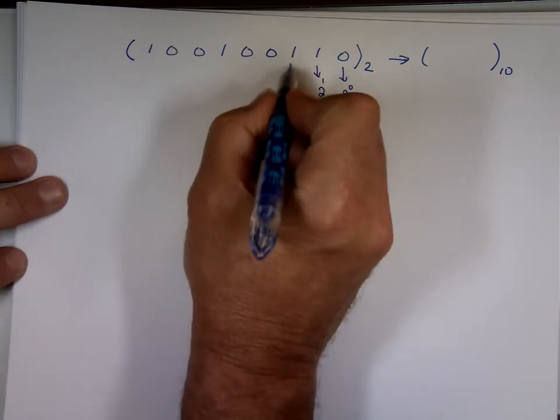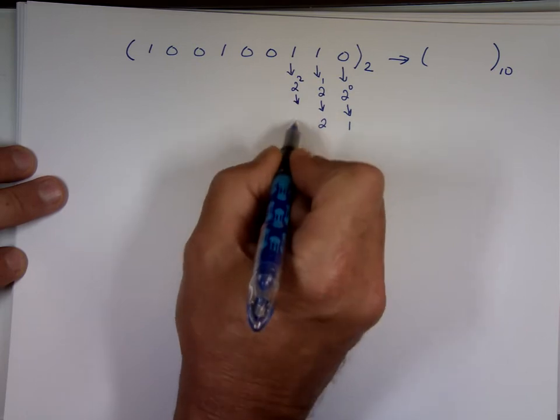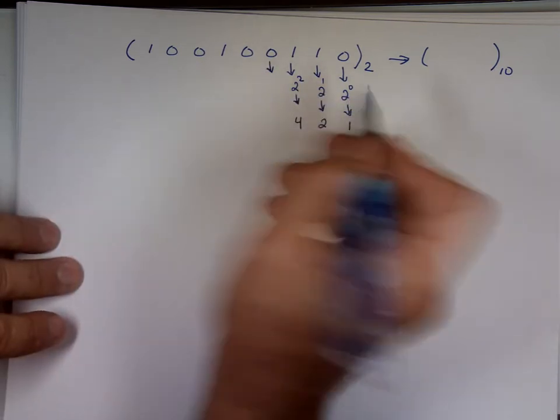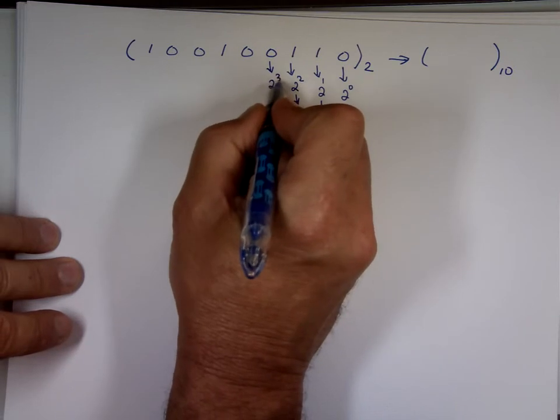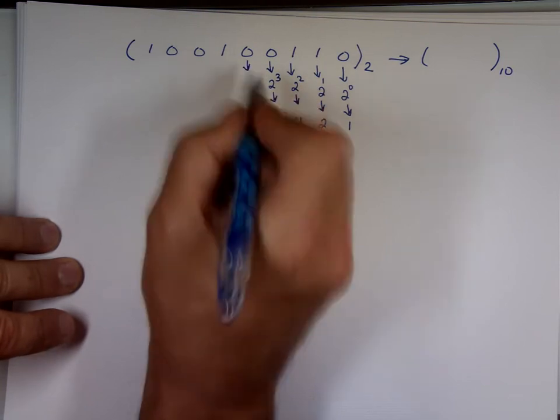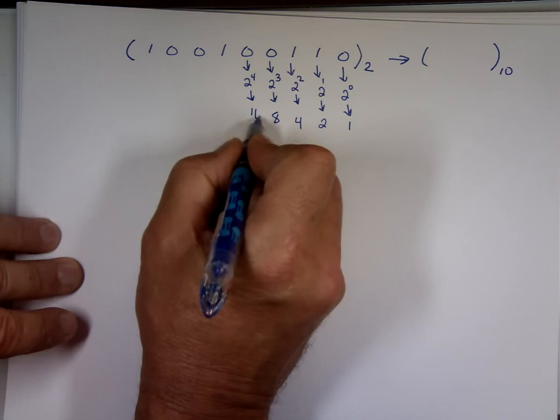The weight of this one, 2 to the second, which is what? 4. The weight of this, 2 to the third, which is what? 8. The weight of this, 2 to the 4, 16.